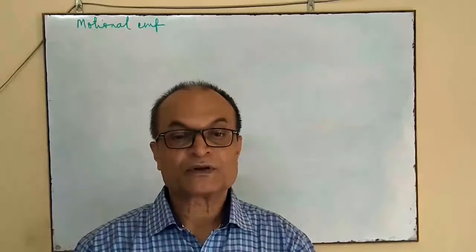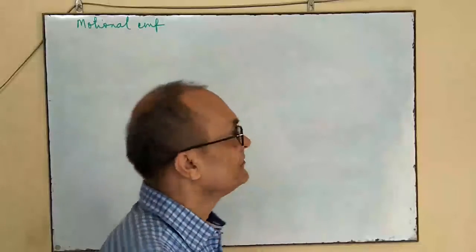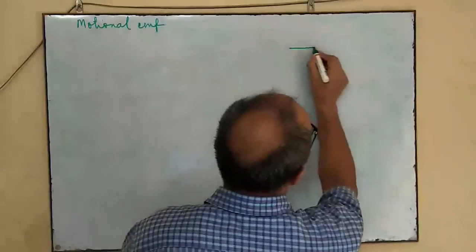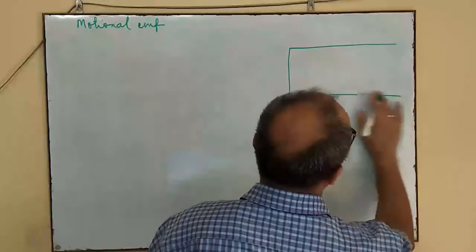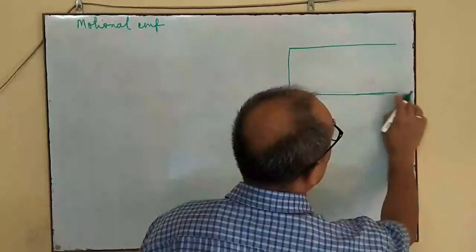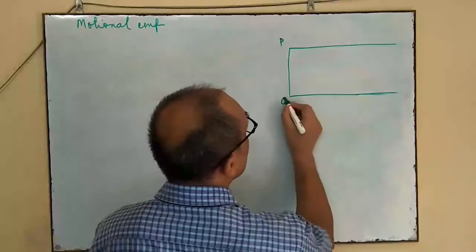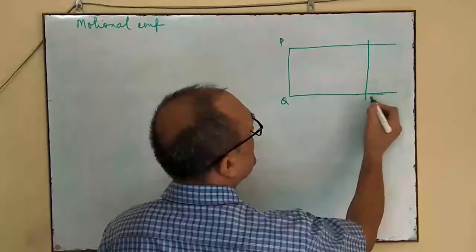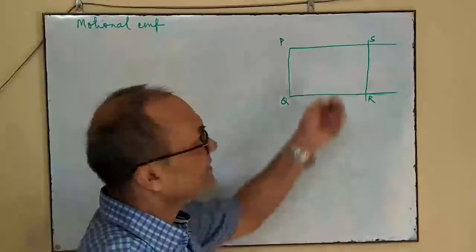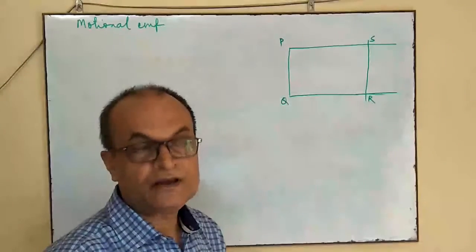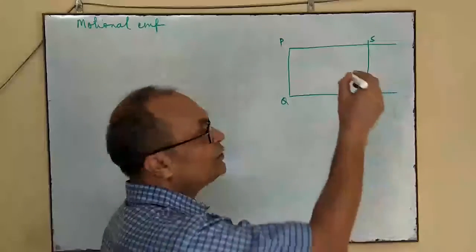To find the expression for the electromotive force, we will consider here a rectangular loop and we will name this P, Q, R, S, and now it is placed in the uniform magnetic field which is perpendicular into the board.